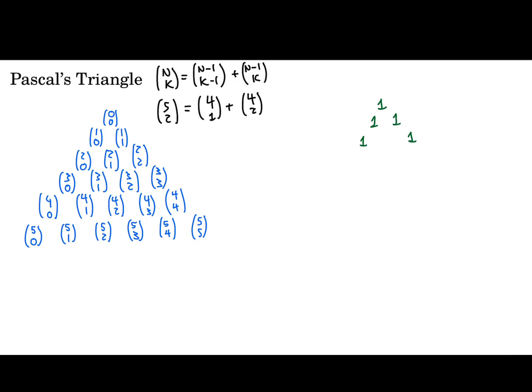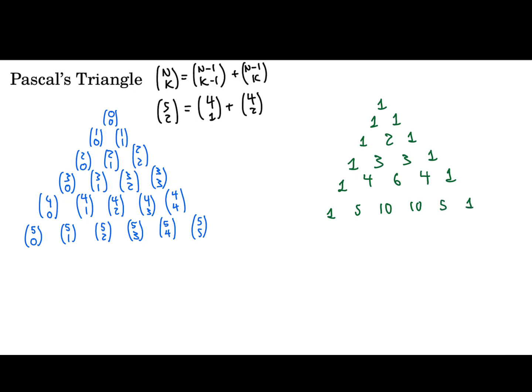And for the 2 choose 1, it's the sum of these two. And so this gives you a 2 here. Now here it's a 1. Then the sum of 1 and 2 is 3. 1 and 2 is 3. And then you get a 1 here. Then there's another 1. And the sum of 1 and 3 is 4. 3 and 3 is 6. 3 and 1 is 4. And you get another 1 here. And for the last row, this will be 5. This will be 10, 10, 5, and 1.